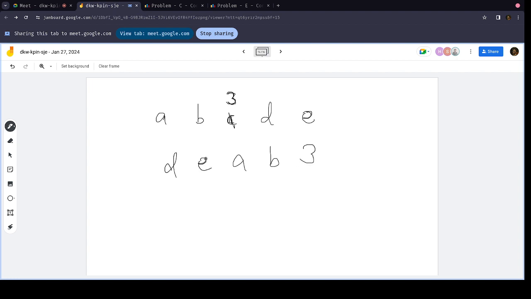Now say e was a fixed point and e was 5. I'll rotate this and see where it reaches. I'll find that it reaches the last position, similar to the last point of rotation.